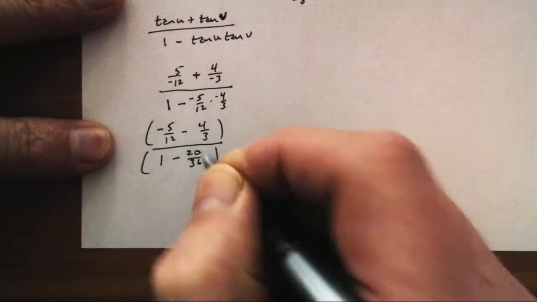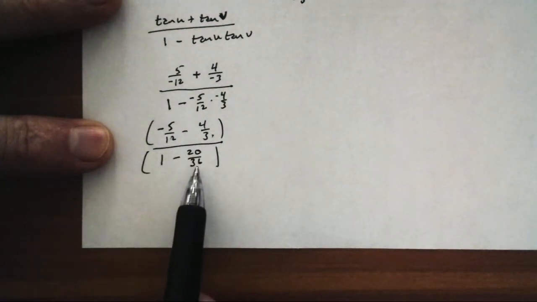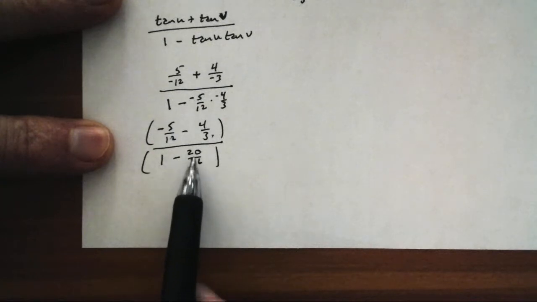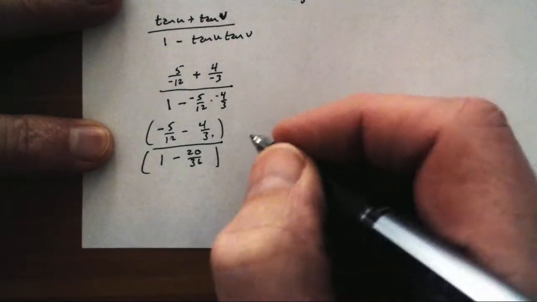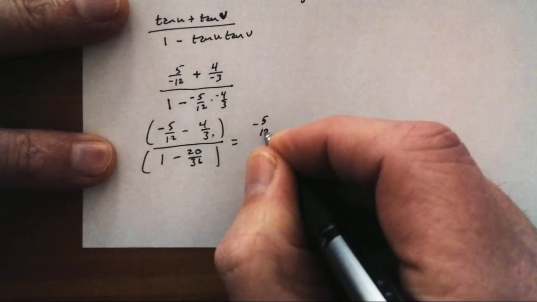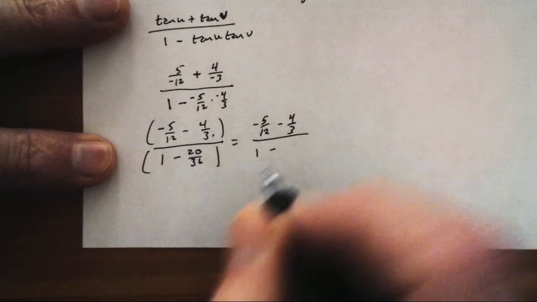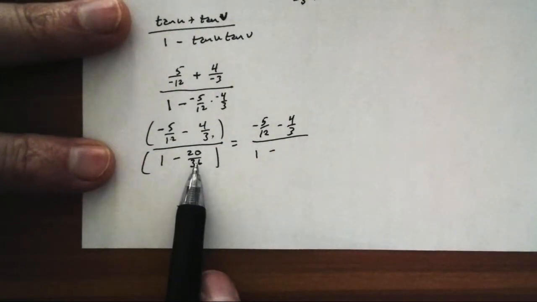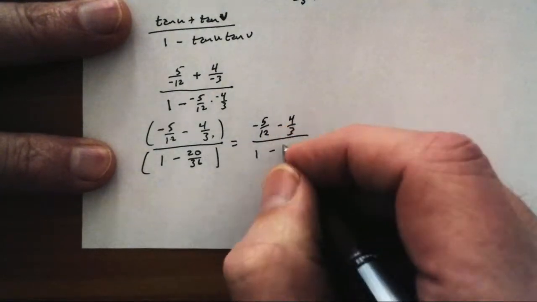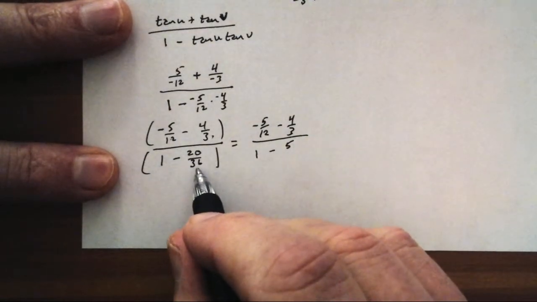But I'm just going to multiply by my least common denominator out of all these. And we could reduce the 20 on 36. Let's go ahead and do that. Negative 5/12 minus 4 on 3, all on 1 minus. These both reduce by 4 to give me 5/9.